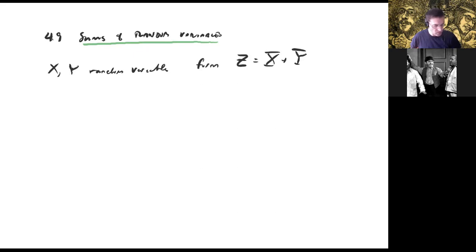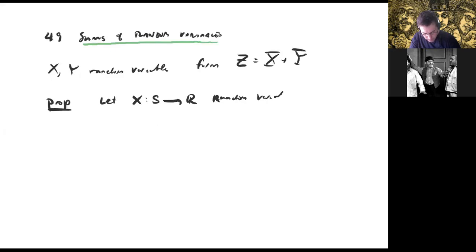And before I do that, I want to introduce a proposition that's mentioned in the book, which goes like this. Let X be a random variable on the sample space, and let p be the PMF, the probability mass function of this random variable.